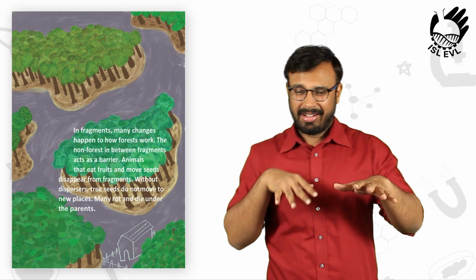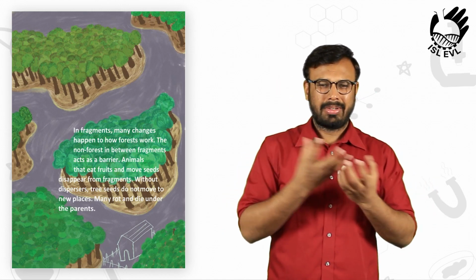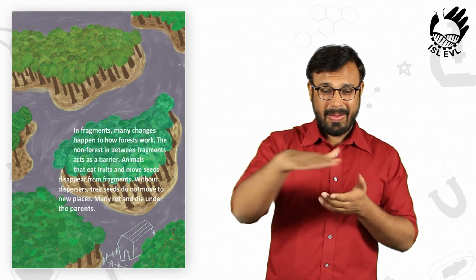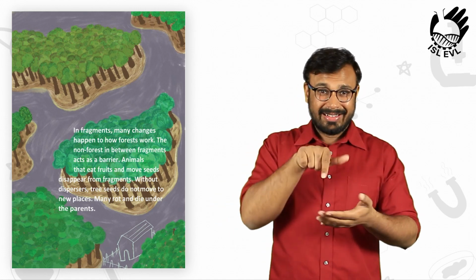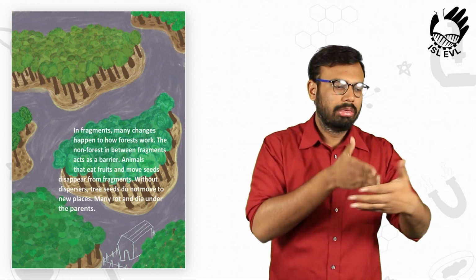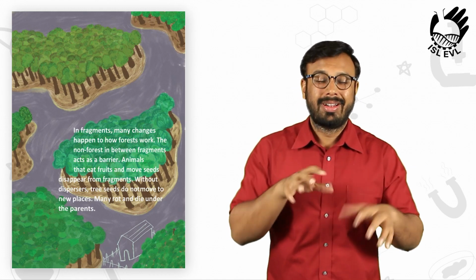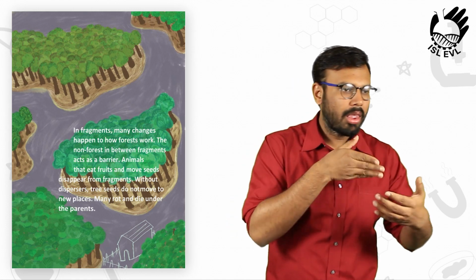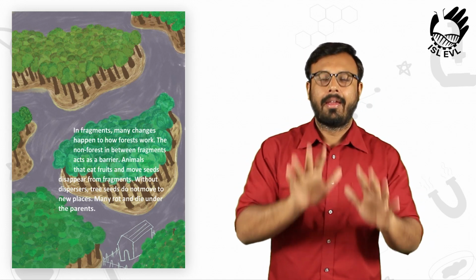In fragments, many changes happen to how forests work. The non forest in between fragments acts as a barrier. Animals that eat fruits and move seeds disappear from fragments.